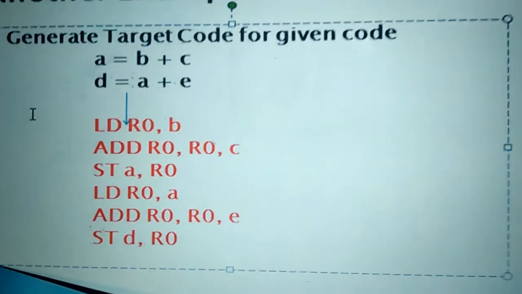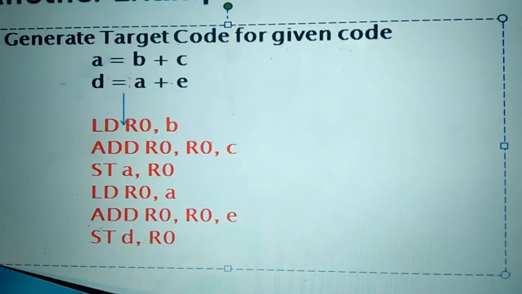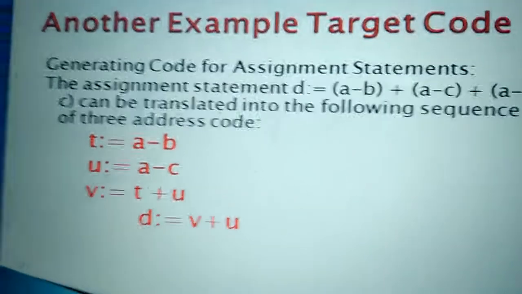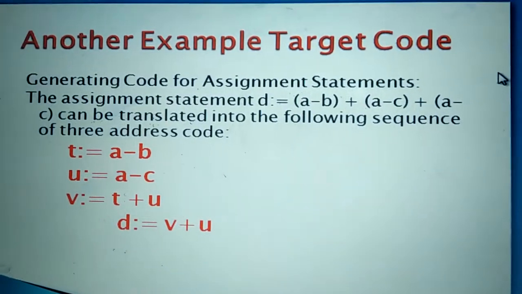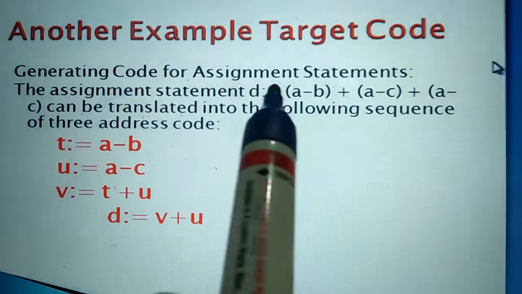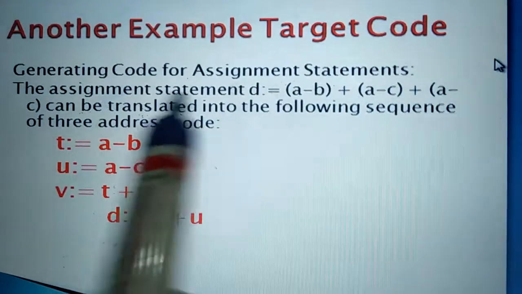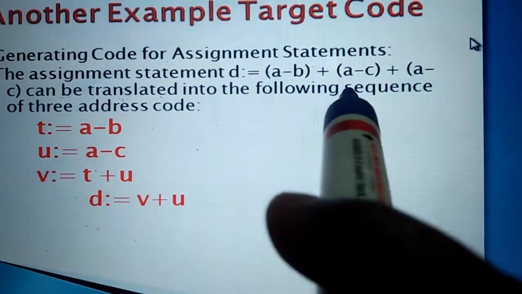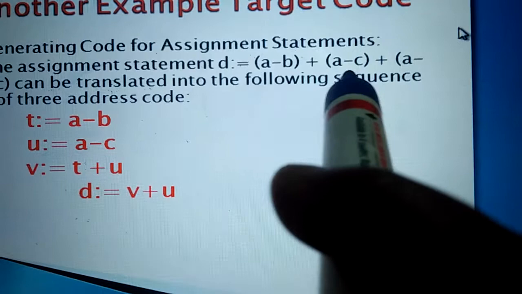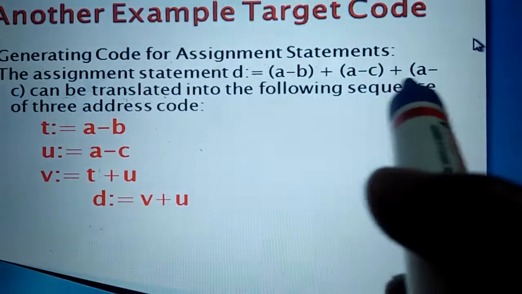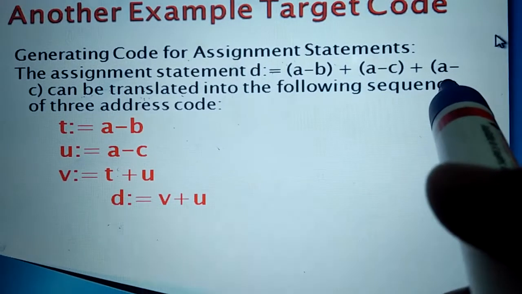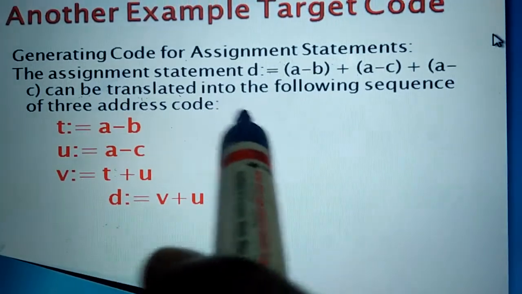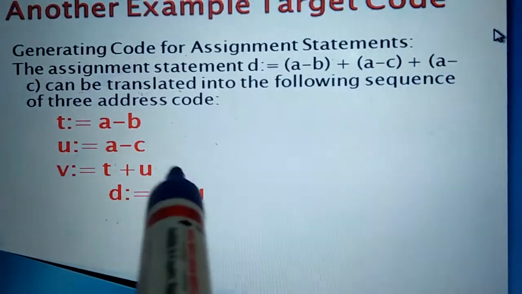And the very next we shall move to another example. Here we have another example of target code generation, for the assignment given here: d is equal to (a minus b) plus (a minus c) plus (a minus c), which can be translated into the following sequence of three address code.